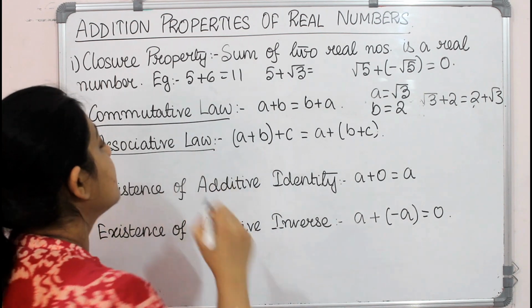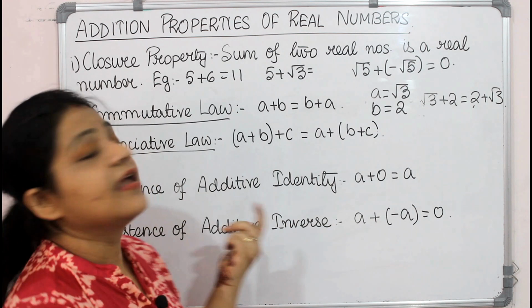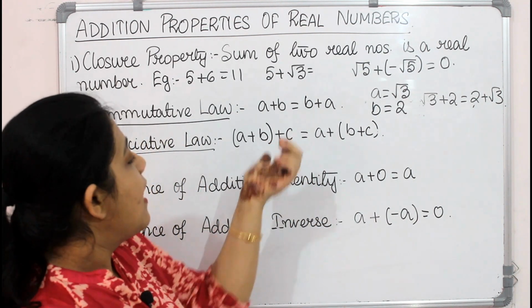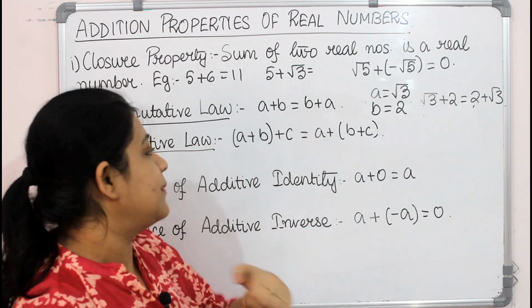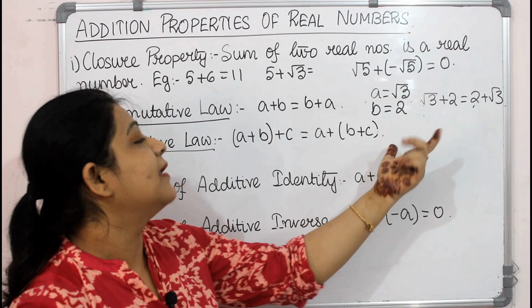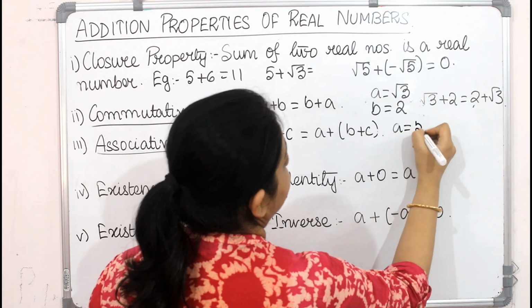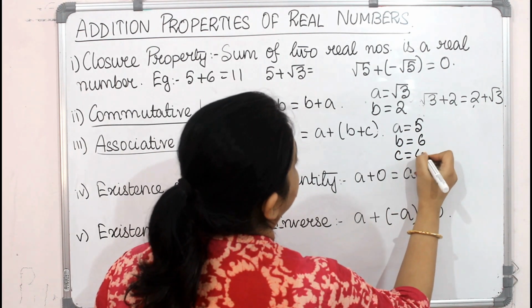Okay, next is associative law. Associative law means you are associating another number with the existing number, or you are adding another. Suppose a plus b, along with that you are adding another number, that is plus c. So a plus b plus c. For that I am giving you a simple example: a equal to 5, b equal to 6 and c equal to 4.